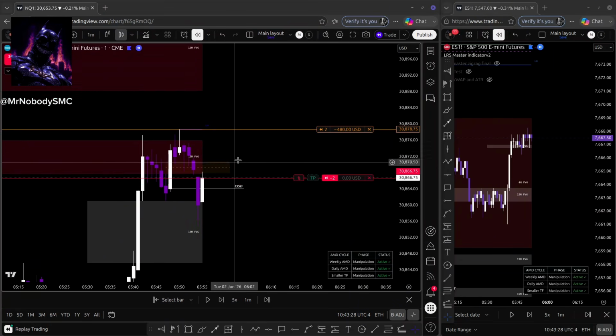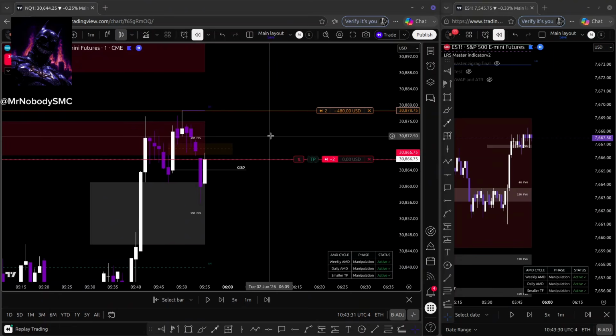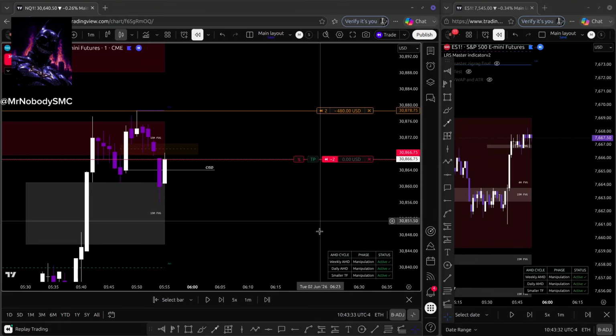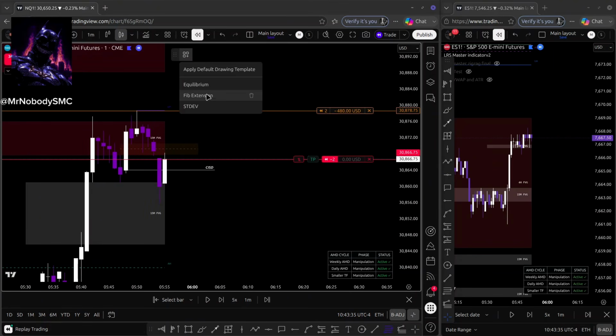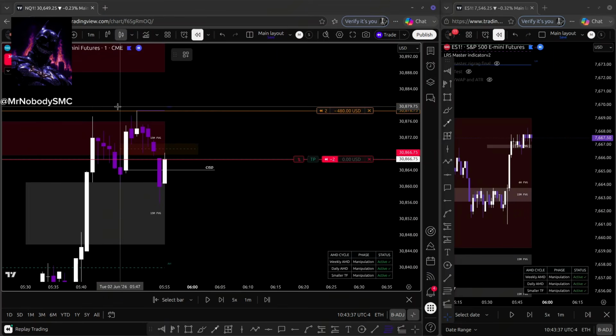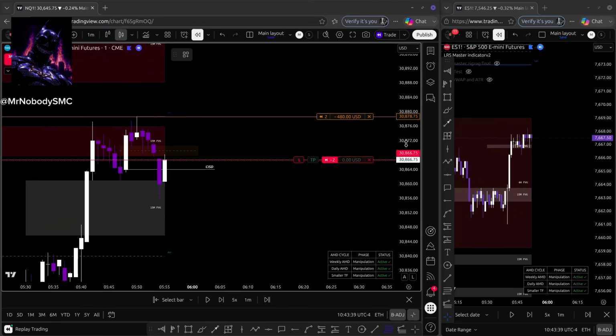Now, what are my targets? My targets are going to be these. Standard deviation. So I'm going to project where the market could potentially extend to using the same logic that I use to target my entries. So I draw my standard deviation.